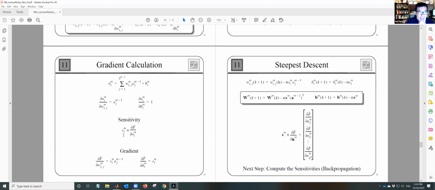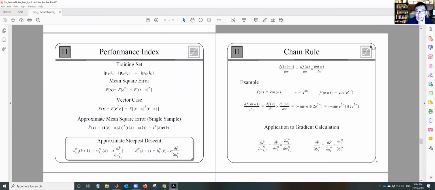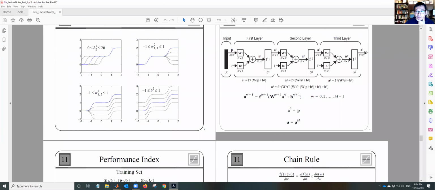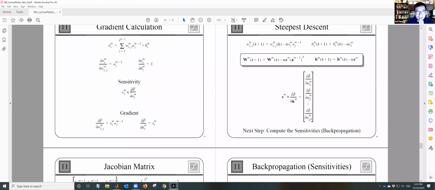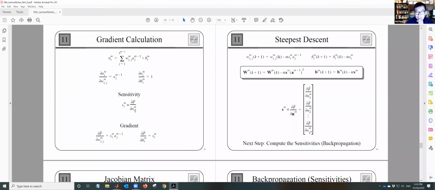however, if we define F over n, this is actually the sensitivity, which depends on the transfer function you are using here. So we call this F over n the sensitivity, because the sensitivity depends on the transfer function.